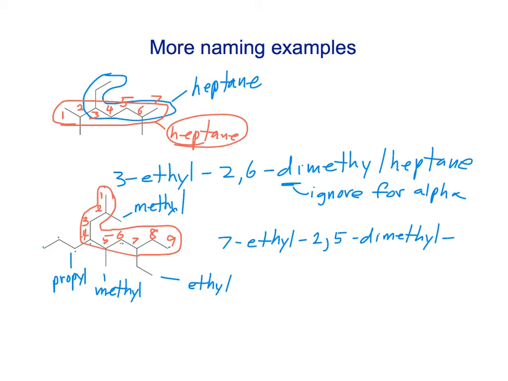And then we have the propyl at 4. 4-propyl nonane. All right. So the trick to this is if you learn to follow the rules, how to break the ties, you can name almost any branched alkane.